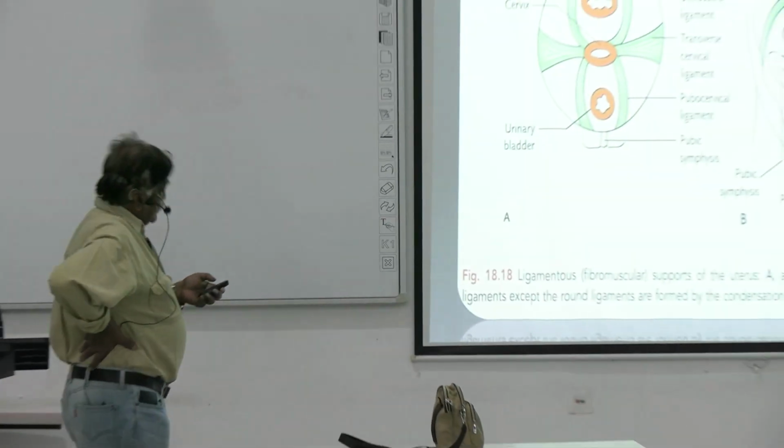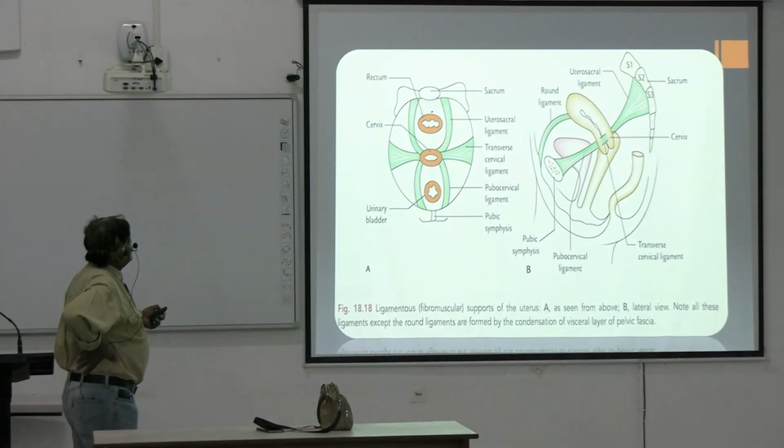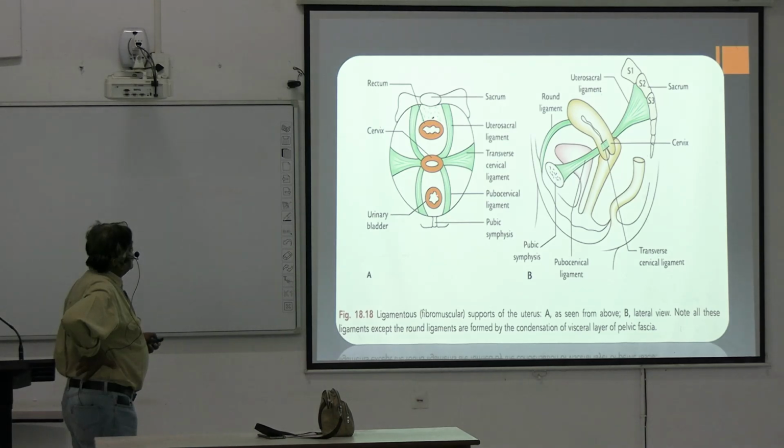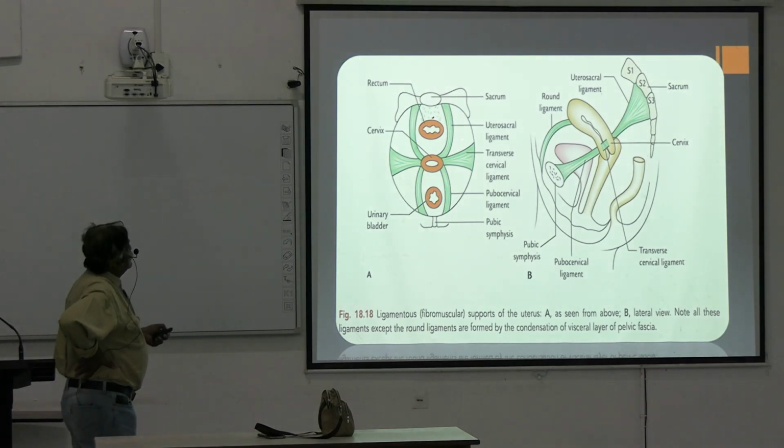Now see, this is a picture. This is the sacrum. This is the cervix. This is the rectum. This is the urinary bladder. The pubocervical ligament. This is the pubis, symphysis pubis, and uterosacral ligament. This is sacrum.